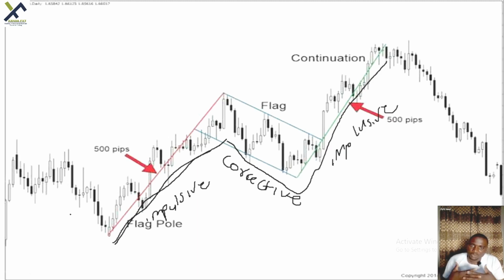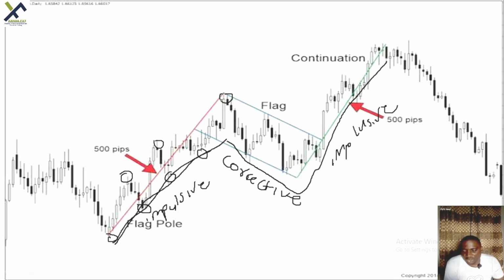Another way to know when a flag is formed: if you look at the previous direction, the trend was forming higher lows, higher lows, higher highs, higher highs, and all of a sudden there is a change in price trend.